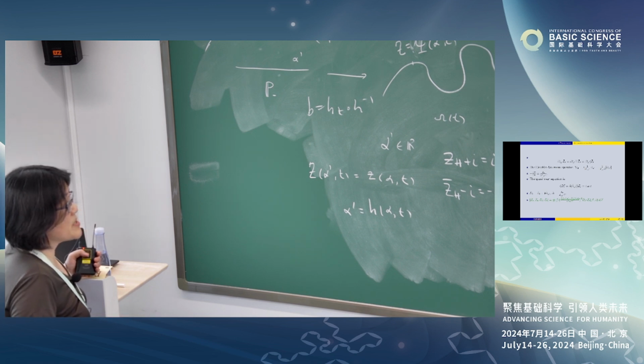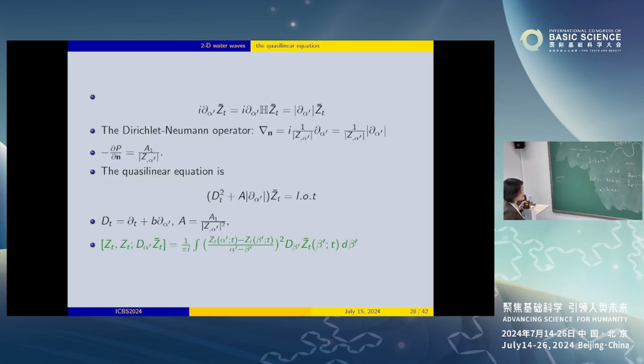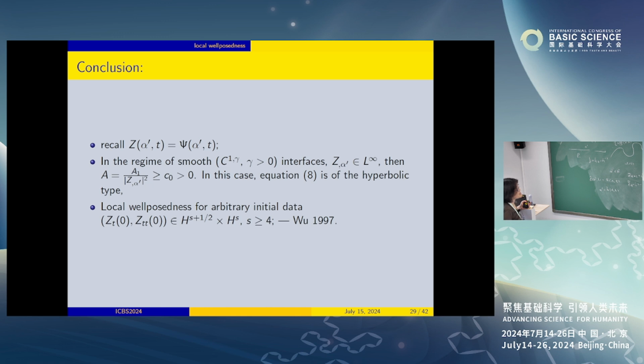So the active unknown is this guy, and the quasi-linear equation is this. Okay, so this is just a lower order term. So the conclusion is in this smooth region, because this coefficient has a positive lower bound, the equation is of wave type.